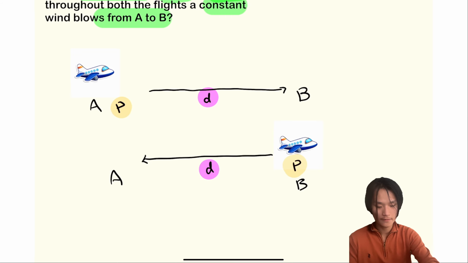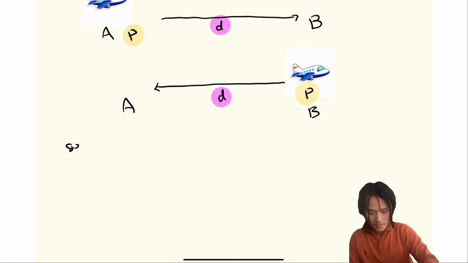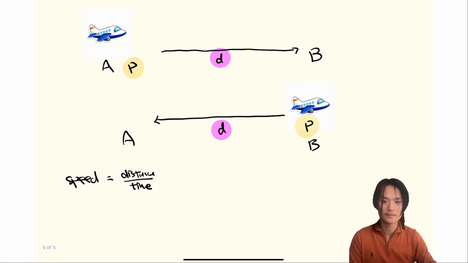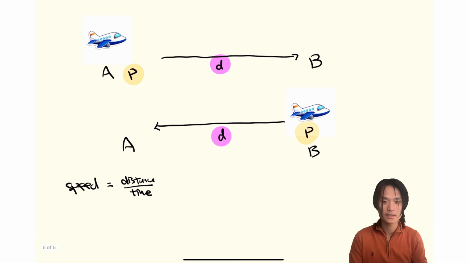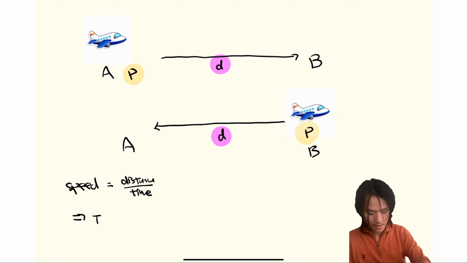We know that speed is distance over time. Speed equals distance over time. So this means that time is distance over speed.